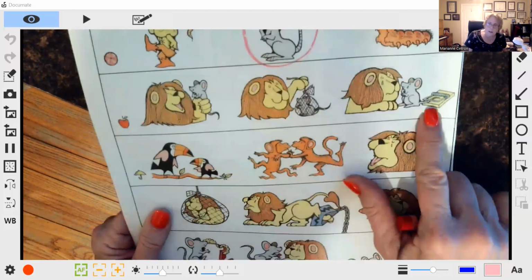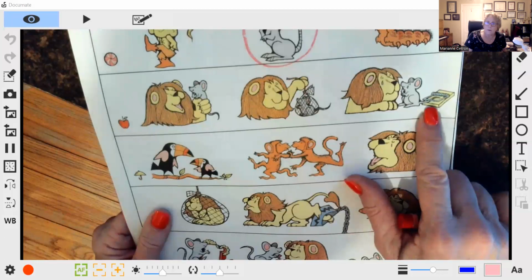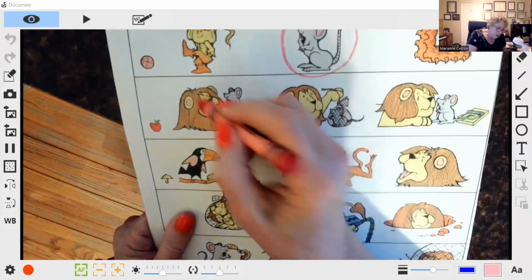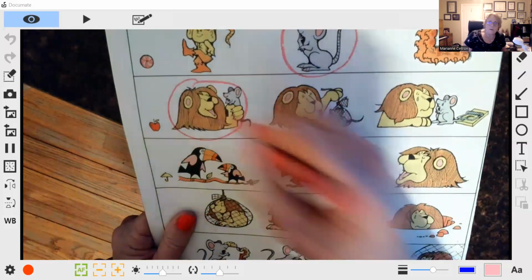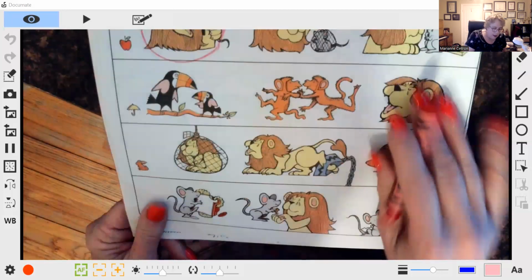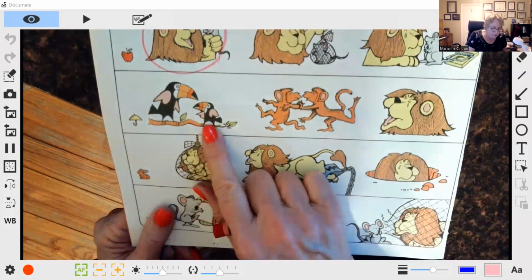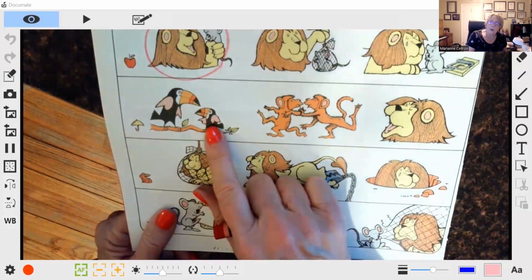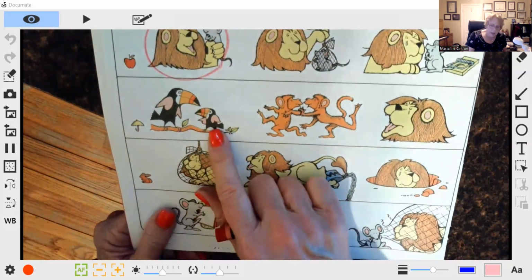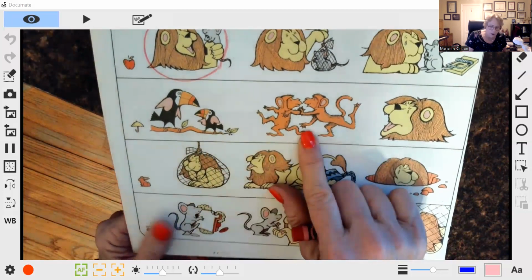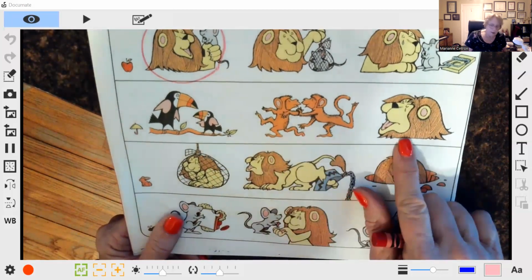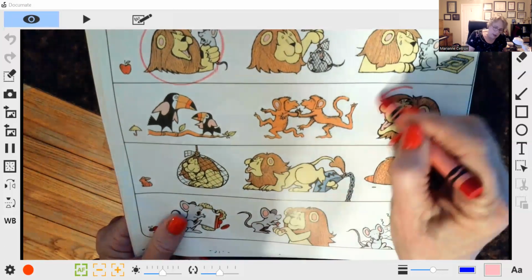Or did the mouse get in a trap? The lion was going to eat the mouse. Now, in our story, look at the umbrella. Do we have two birds? Do we have two monkeys? Or do we have a lion? We have a lion.